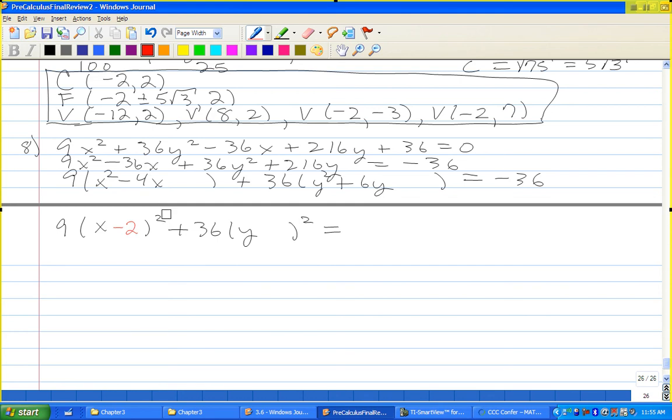Negative 2 squared is 4. 4 times 9 is 36. 6 divided by 2 is 3. 3 squared is 9. 9 times 36 is 324.